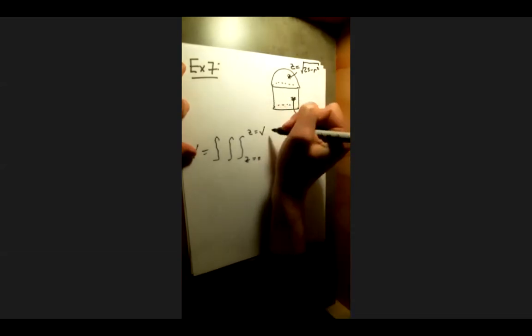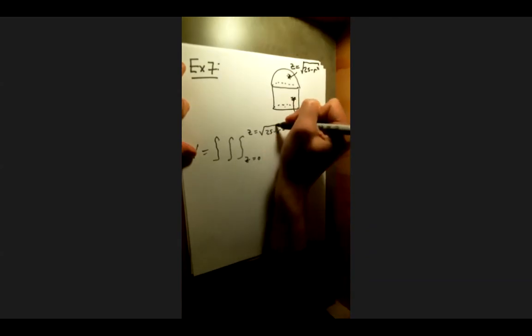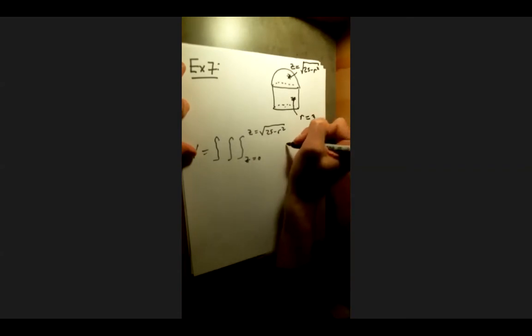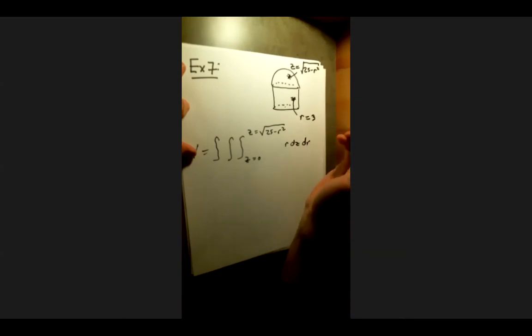So we have root 25 minus r squared. And so our differential element is going to be r dz, and then we want to have a dr.